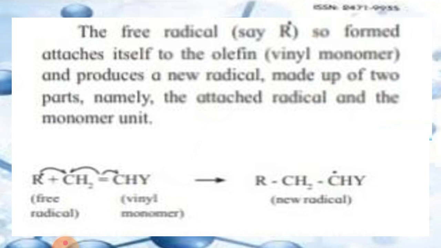Now the free radical has been transferred to the monomer carbon. A new radical has been formed in the first step. In the first step, the monomer is initiated and a free radical has been developed on the monomer carbon.